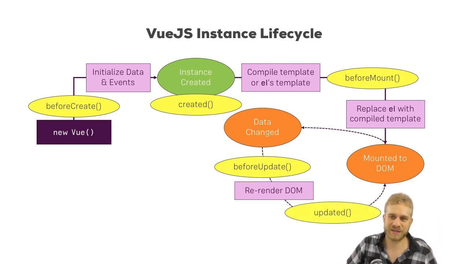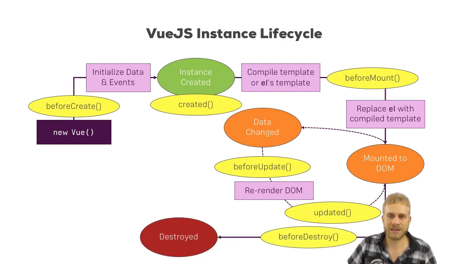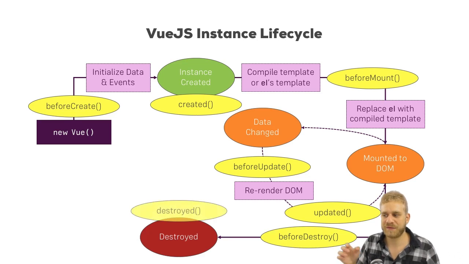And the updated lifecycle, which is obviously called after this part in the DOM was updated. We also got the beforeDestroy lifecycle right before an instance is destroyed. I will show you how an instance may get destroyed in a second. This is the VueJS lifecycle, and it then ends with the destroyed lifecycle hook into which we can tap in right after the instance was destroyed.